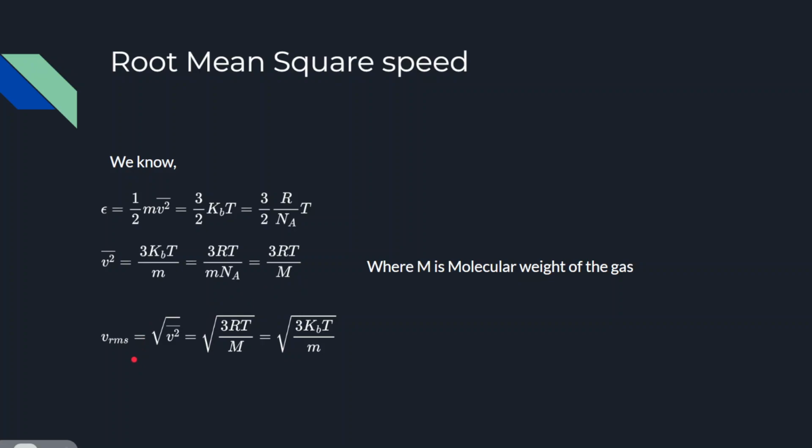So vrms is the root of mean square speed, equal to root of 3 RT by capital M, or 3 kbT by small m. If we have capital M and temperature, we can find the vrms. Also if we have small m and temperature, we can find the vrms.